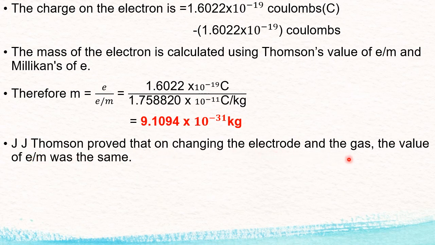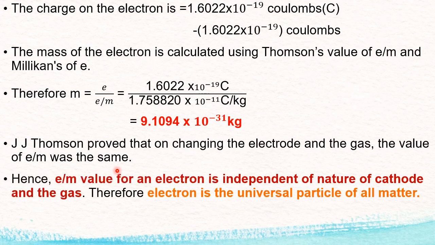This is the second proof that the electron is independent and universal. That means the e by m value for an electron is independent of the nature of the cathode and the gas. Therefore, the electron is the universal particle of all matter. This is the second support to Thomson from this experiment.